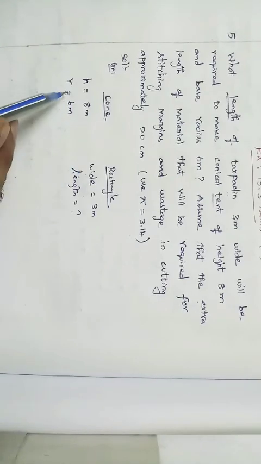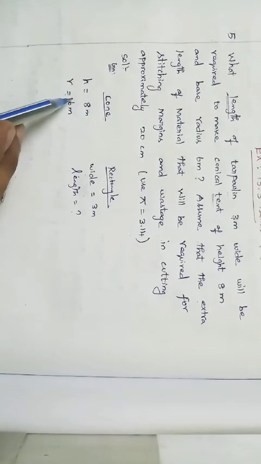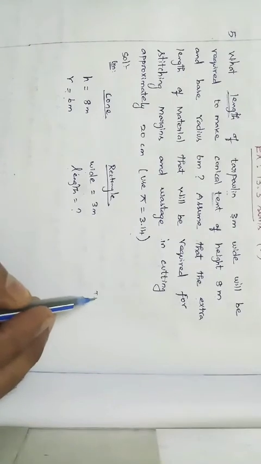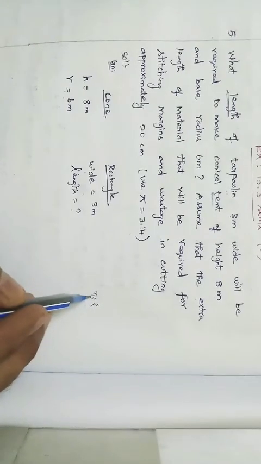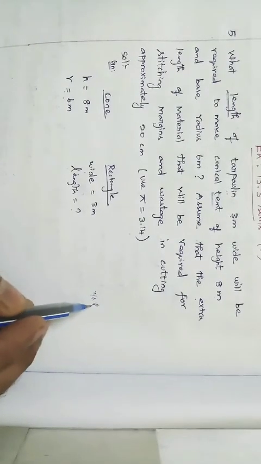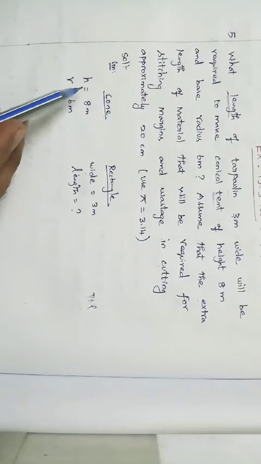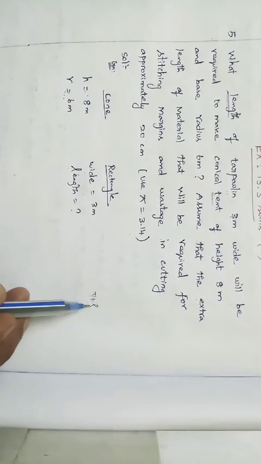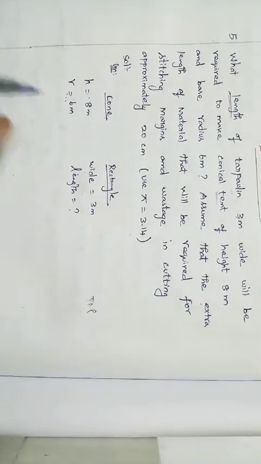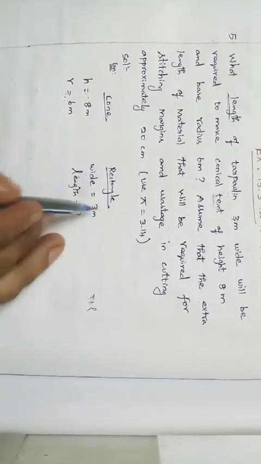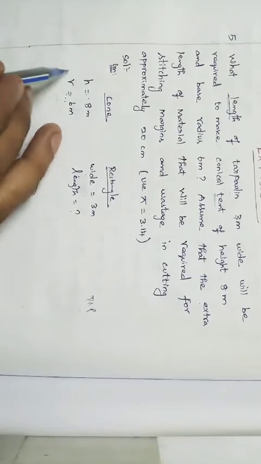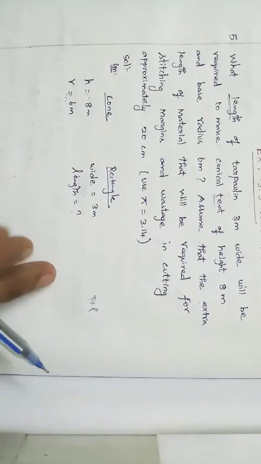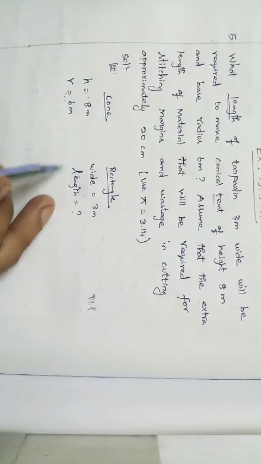For finding the curved surface area of a cone, what is the formula? Pi r L, right? We know the radius and we can find the L because now we have height and radius. With the help of height and radius we can find L, the slant height. And just equating the area of rectangle to the curved surface area of a cone, we will get the value of length.